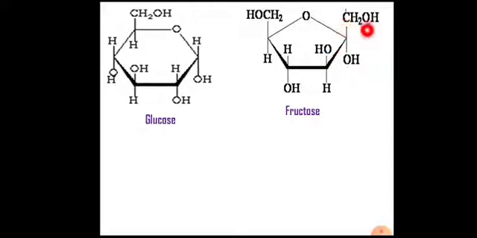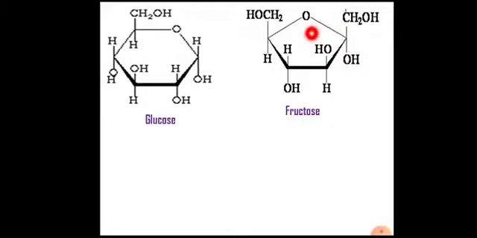You can see here CH2OH, and here the conformation around carbon number 2 is CH2OH OH. Here the conformation around carbon number 5 is CH2OH H. Here it is OH. So this is carbon number 2. At carbon number 2 the conformation is CH2OH OH. This is how you need to remember the structure of fructose.